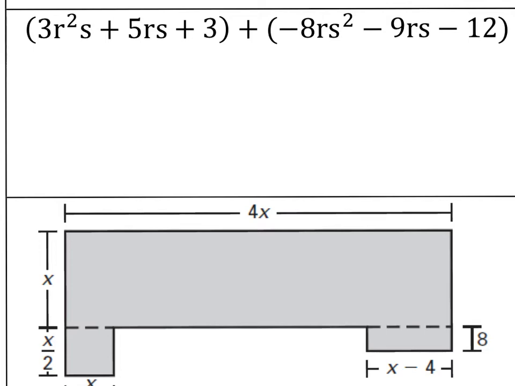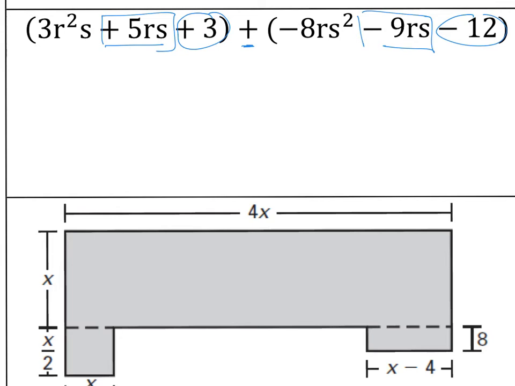Okay, and for this example, we don't have to distribute. We can go ahead and combine like terms. So we have plus 5rs and negative 9rs, and we have our constant terms, positive 3 and negative 12, and everything else.